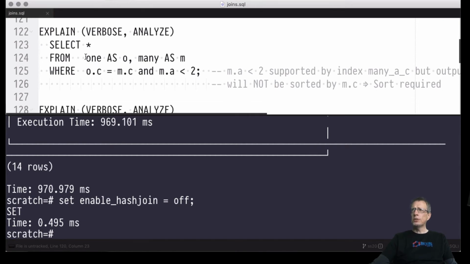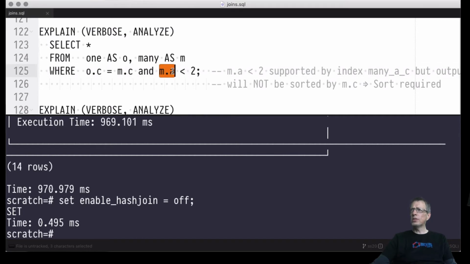This is a very similar situation, an equi-based join on one and many. The one table again participates using its C column, and there is no index support for that. The C column on the many side is present in the index, but it's only the secondary column in the index and can thus not be used to produce many rows in C order.